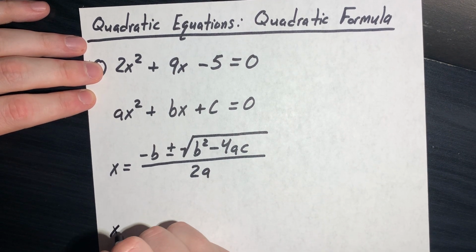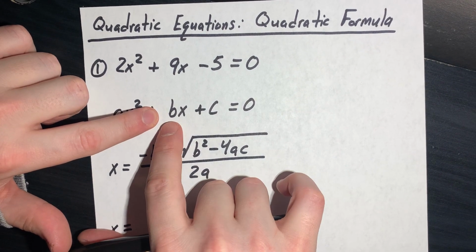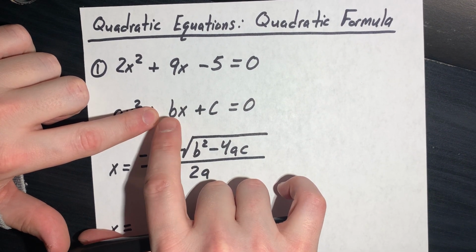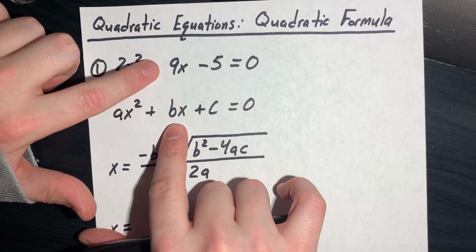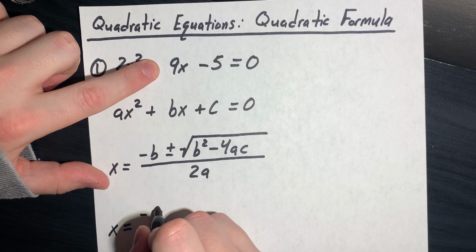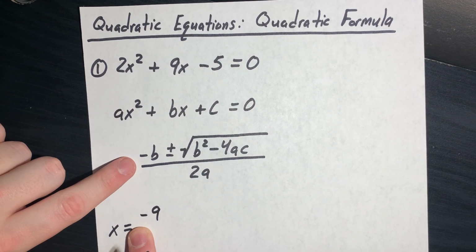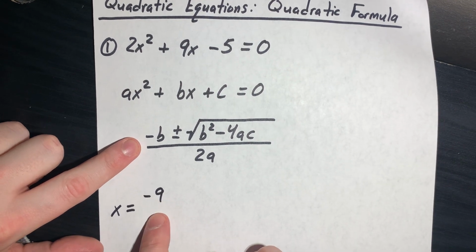So x equals, okay, so our negative b here, well, our b is the coefficient of our linear term. In this case, it's going to be 9. So we'll bring the negative down. So minus 9. And notice that negative just came from the formula there. So I just brought the negative along for the ride.